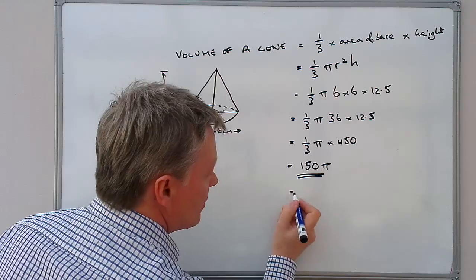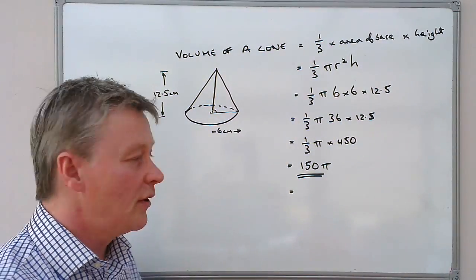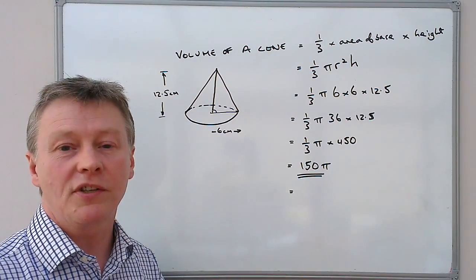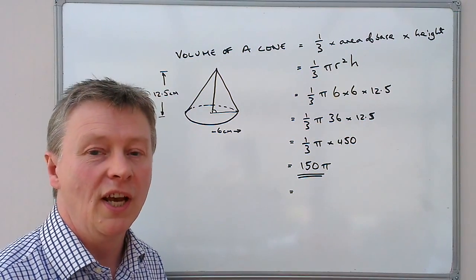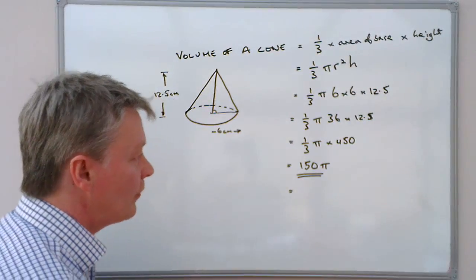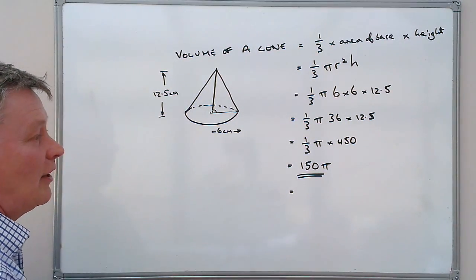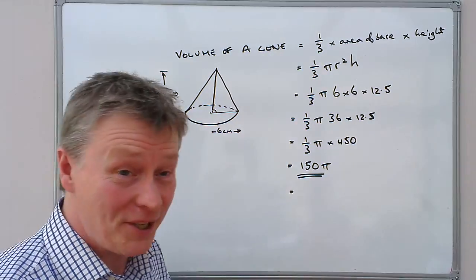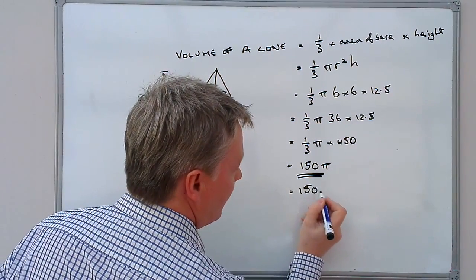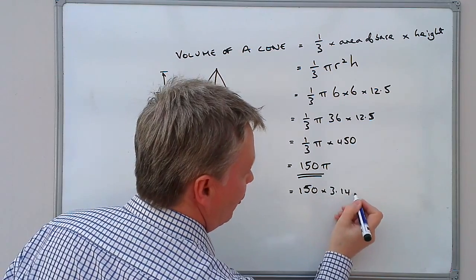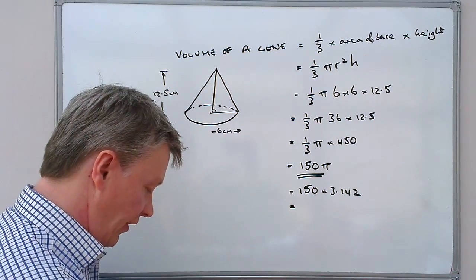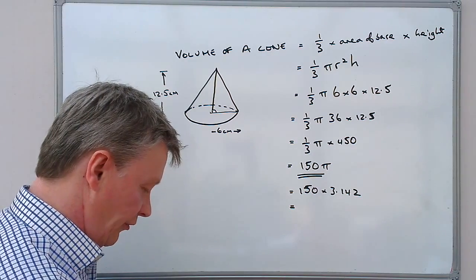Just for the sake of this particular video, what I'm also going to do is multiply 150 by pi, which I'm going to use as 3.142. And again, that's a value that's usually given on the exam paper. So if I want to know an exact amount, or at least an amount to 3 decimal places, it would be 150 times 3.142.